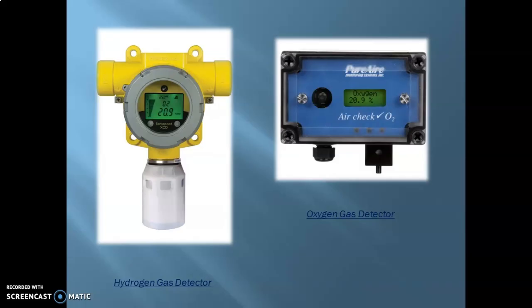It's not necessary that they only monitor oxygen or hydrogen, etc. They can monitor a number of gases that might be present in the manufacturer data sheets. And on the right hand side you have the oxygen gas detector, as you can see it is mentioned right over here. So these are two examples of common types of gas detectors that are used.